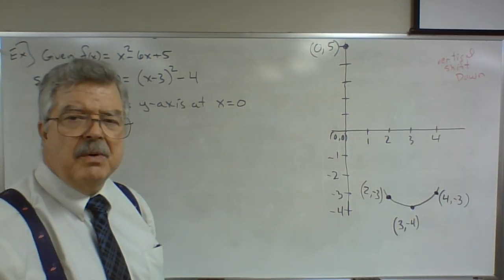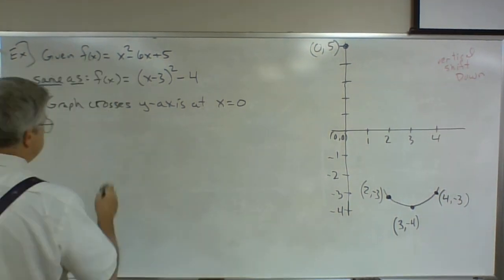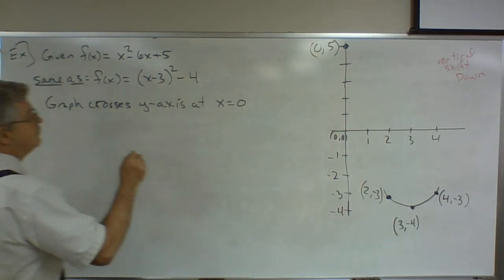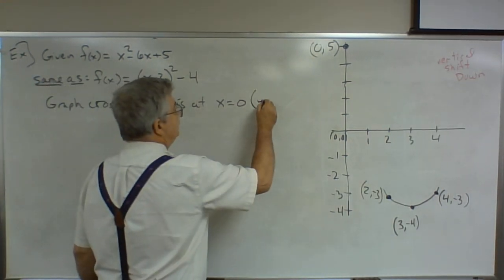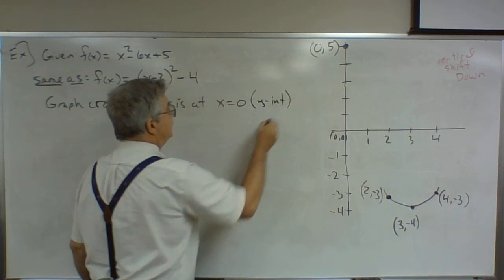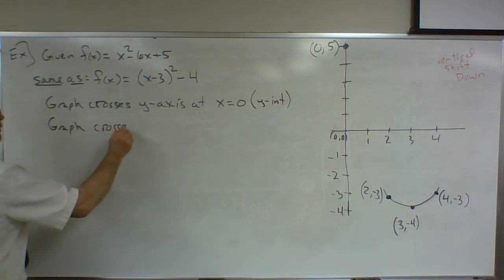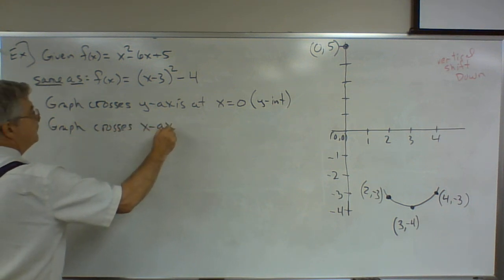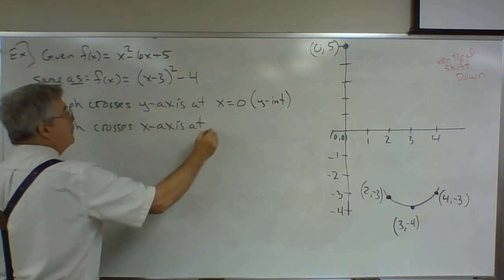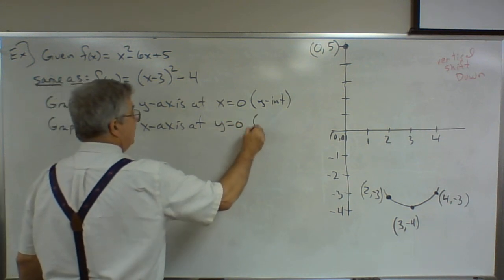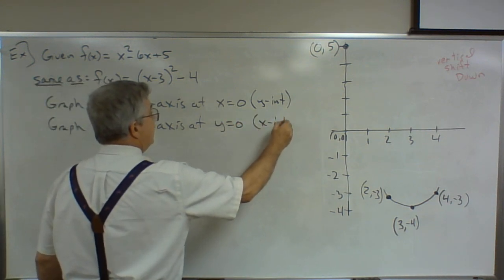That happens when y equals 0, right? This was the y-intercept. The x-intercept, let's see. Graph crosses the x-axis at y equals 0. So that's the x-intercept.